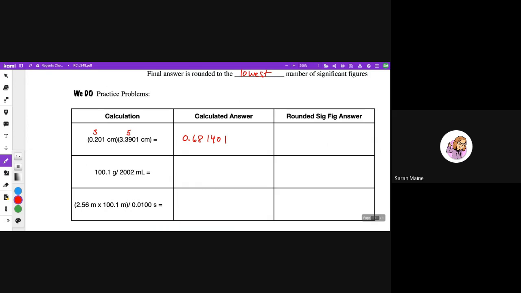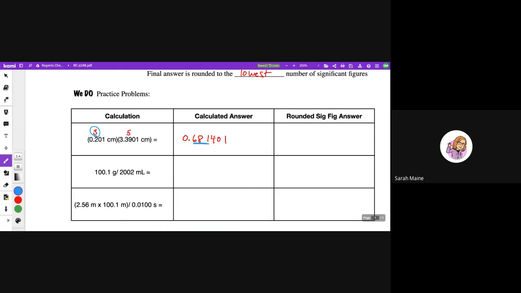So in this case, we can only keep 3 of the calculator answers. So remember, leading zeros are never significant. So we start on the left with our first non-zero digit, and then keep 2 more to the right of it. So these are the 3 digits I'm going to keep. And then I look at any digits further to the right.